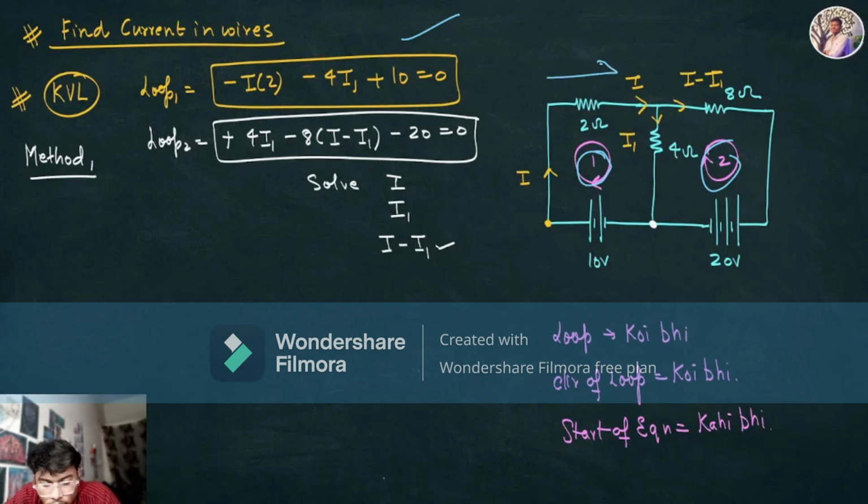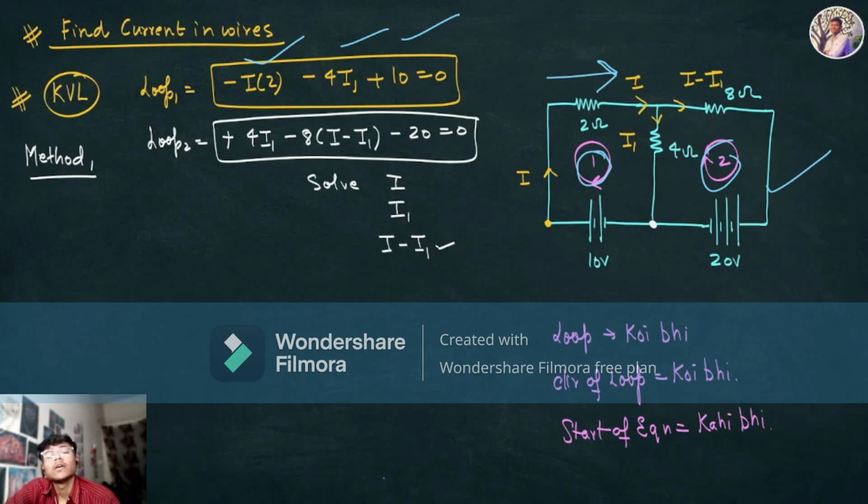So we will take minus I into 2, and the same thing applies on the 4I. For the second loop, the 20 volt will be minus, and plus 4 into I1, and the second current you can take as I2.